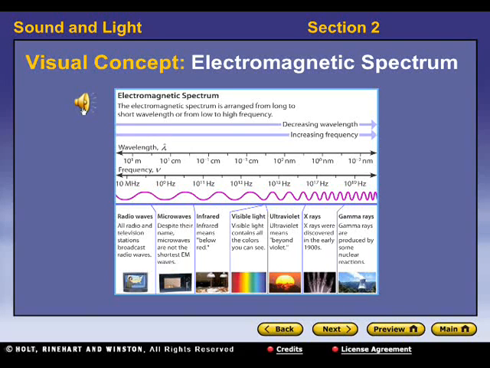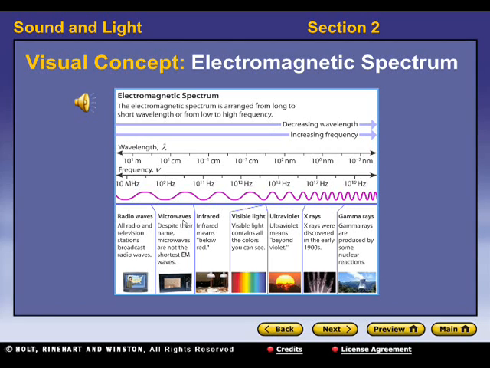Electromagnetic radiation is a form of energy that exhibits wave-like behavior as it travels through space. Visible light, X-rays, microwaves, and radio waves are all forms of electromagnetic radiation. Together, all the forms of electromagnetic radiation form the electromagnetic spectrum.